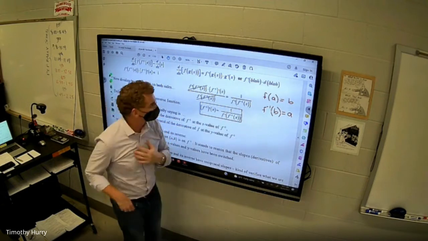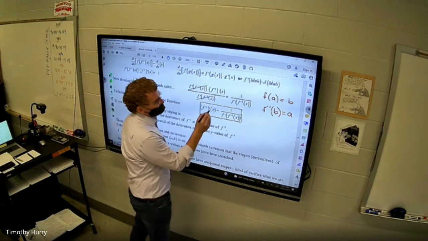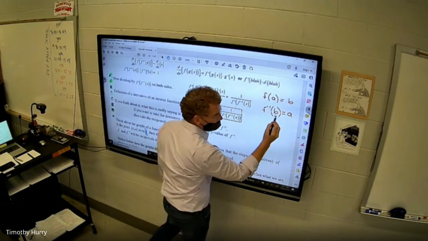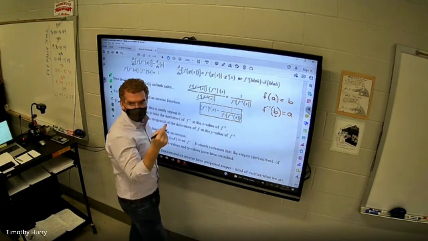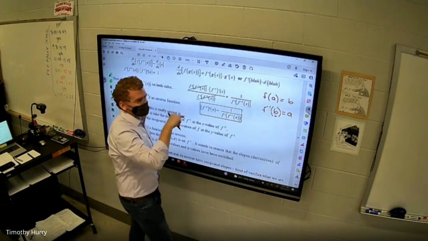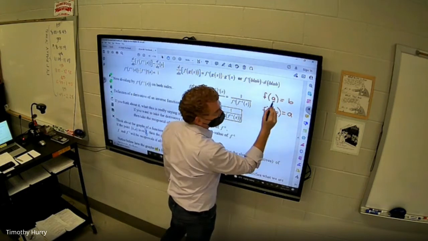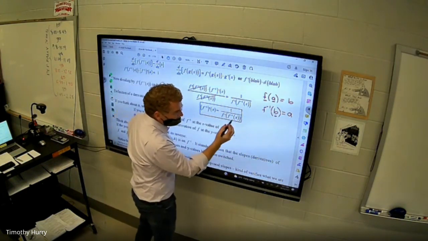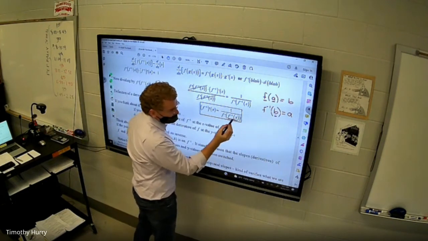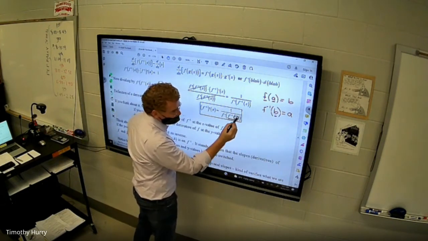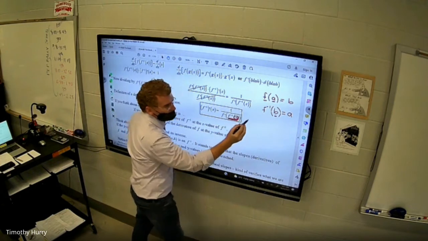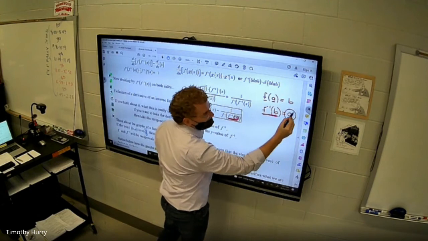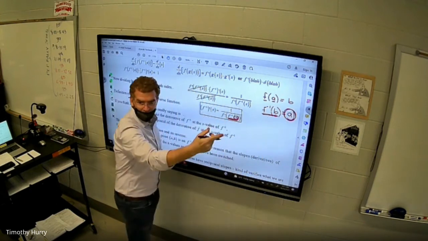For instance, if I ask you to plug in an x value in the inverse, that's like plugging b into the inverse. That's the same thing as needing the a value in the original function. And if you look right here, what is this saying? This is saying whatever x value got plugged into the inverse is going to give me a different value.